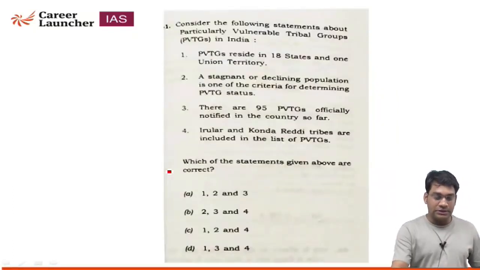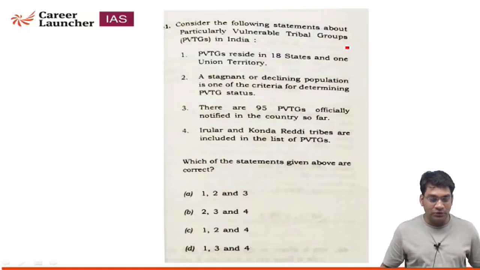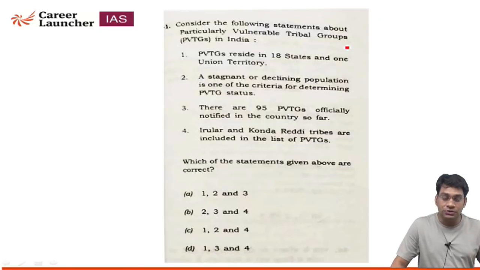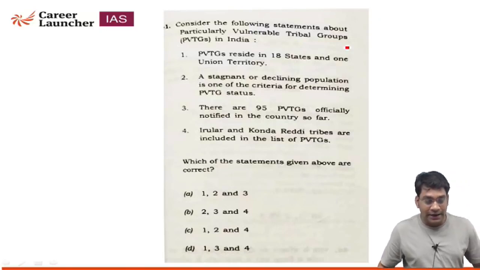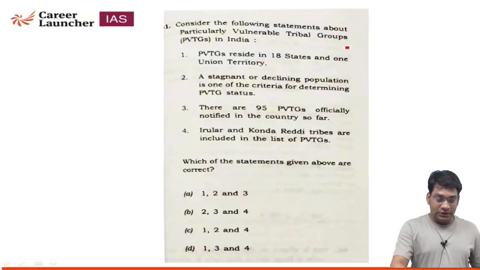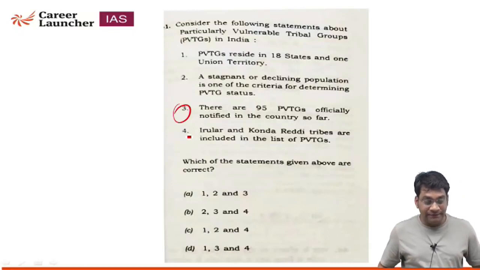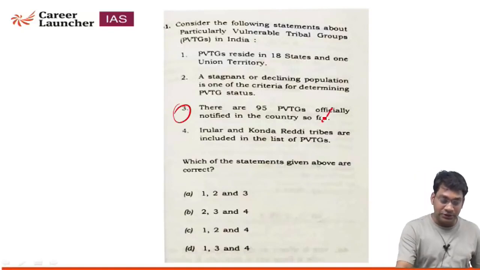Next question: consider the following statements about the particularly vulnerable tribal groups in India. Students, it was in the news in 2015, 16, 17, continuously for 3 years. After reading all the options, statement number 3 says that there are 95 particularly vulnerable tribal groups officially notified in the country so far. This statement is wrong.